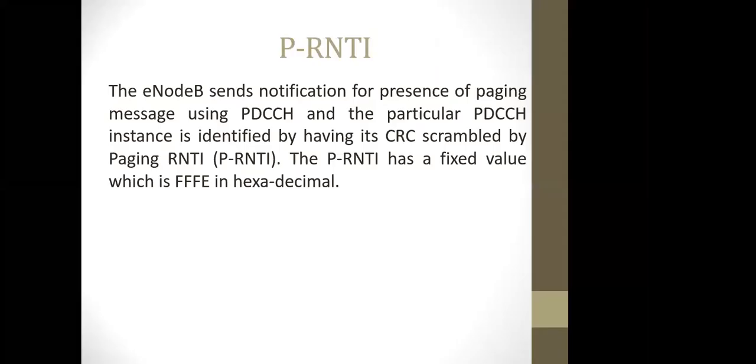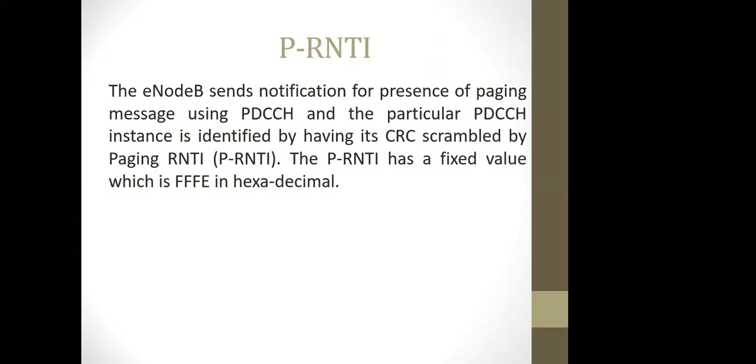P-RNTI, sorry, this thing we may discuss when we discuss the paging. Okay, I mean when the network looks for the users, before it sends the paging messages in the control region, it sends a PDCCH instance with P-RNTI, and then everybody knows that there is some paging message to come in here.